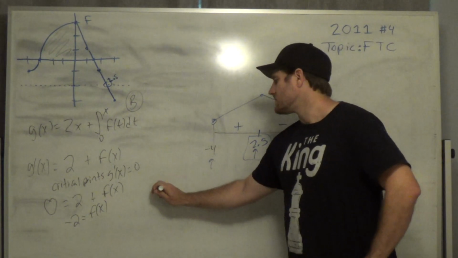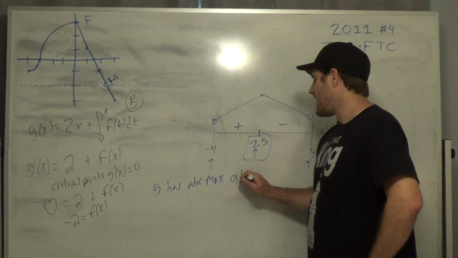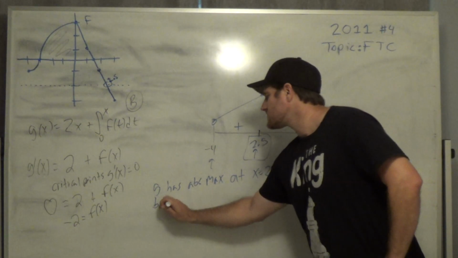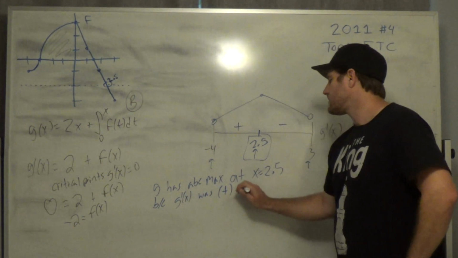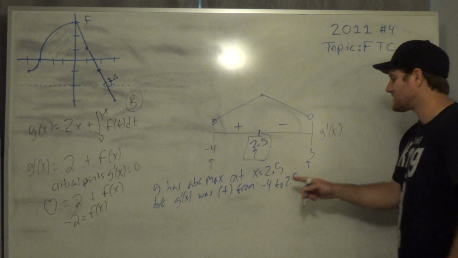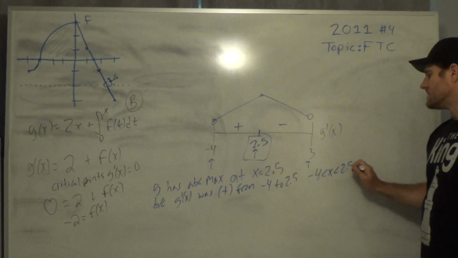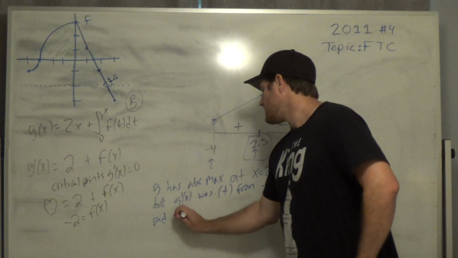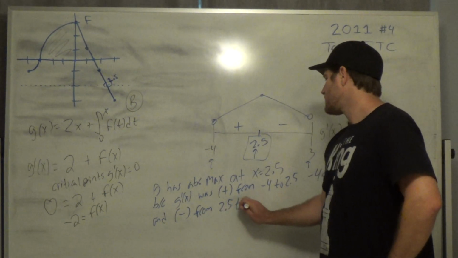So we would say G has an absolute max at x equals 2.5, or you could say 5 over 2, because G prime x was positive from -4 to 2.5, and negative from 2.5 to 3.